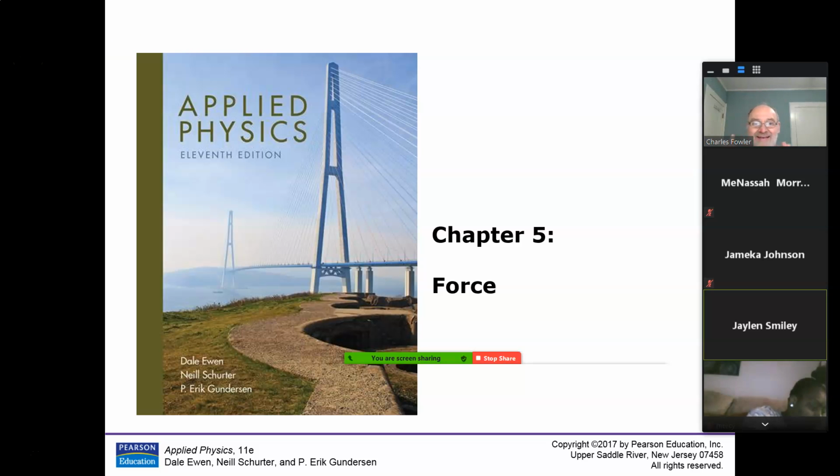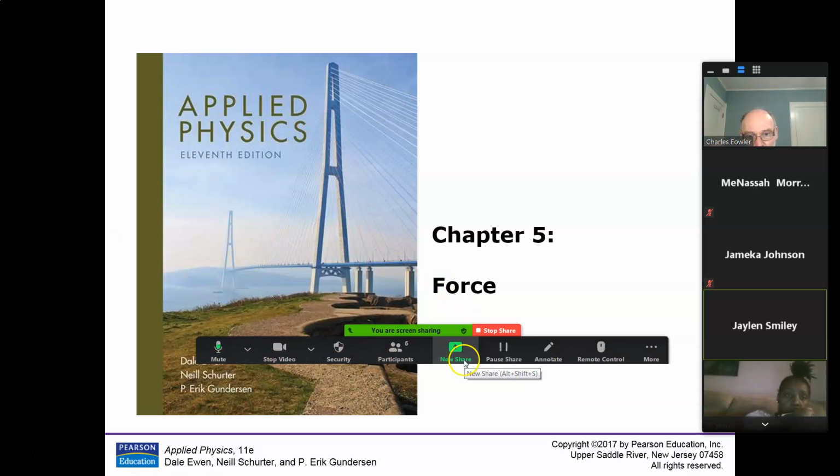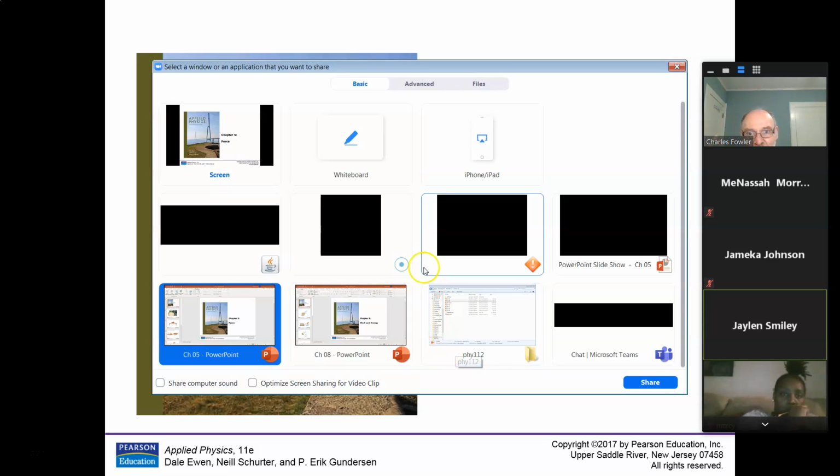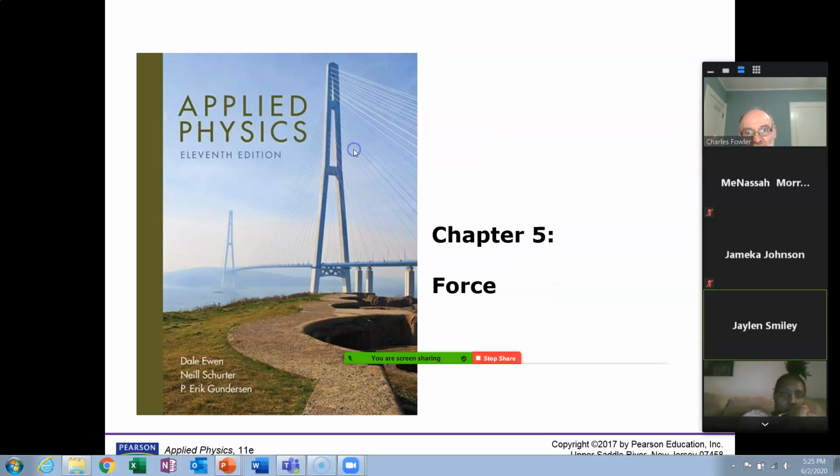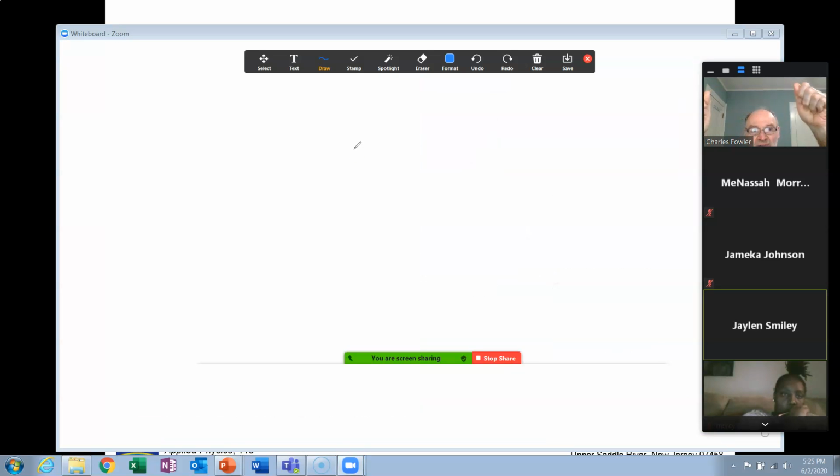In some of my other classes, I've had several requests to use the whiteboard. What I have been doing is holding up a piece of paper with the worked out solution. Here's the whiteboard.